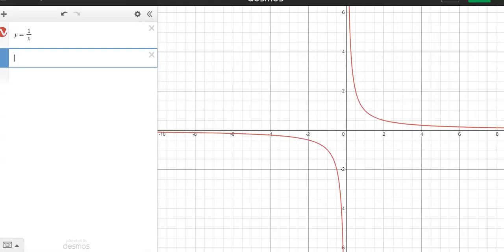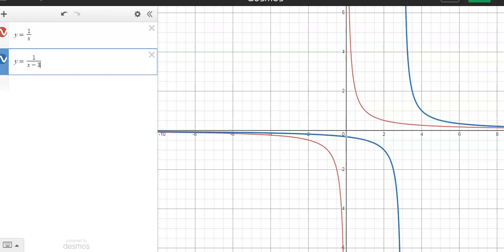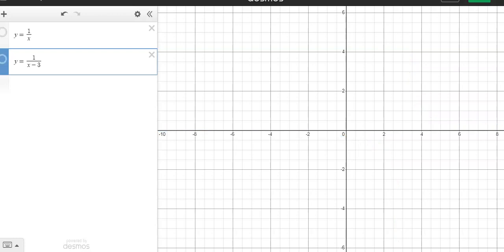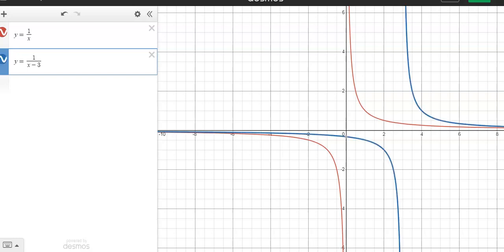So if I plug in y equals 1 divided by x minus 3, if you notice, if I get rid of the first one, it looks like this thing just shifted to the right. This was the original. And now when I do the x minus 3, it's the same thing. It just shifted over to the right 3 units.